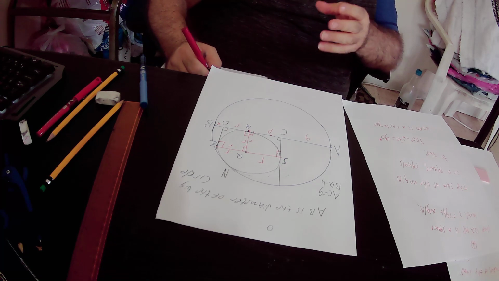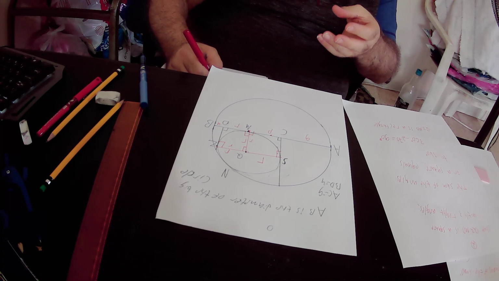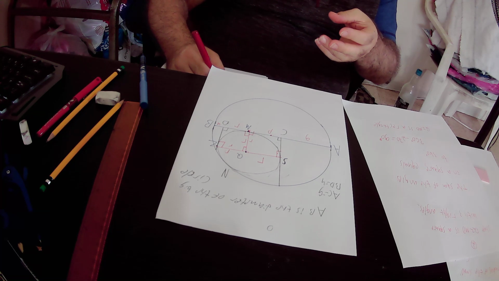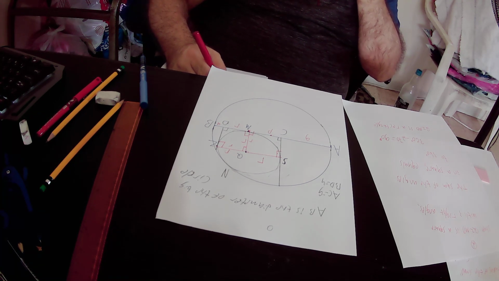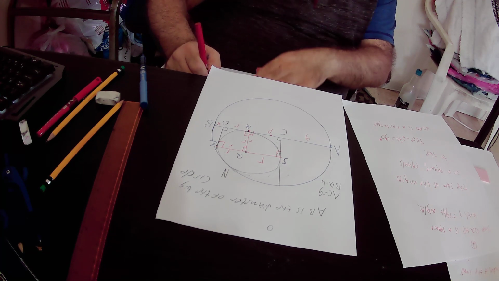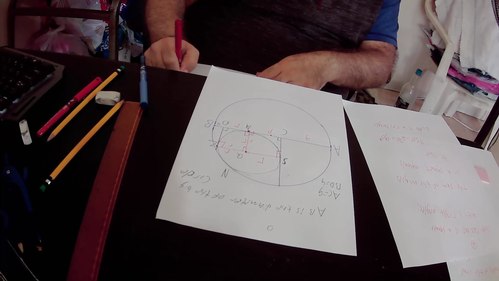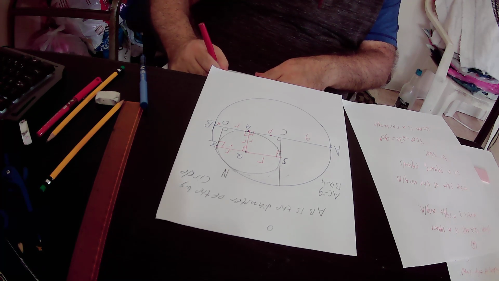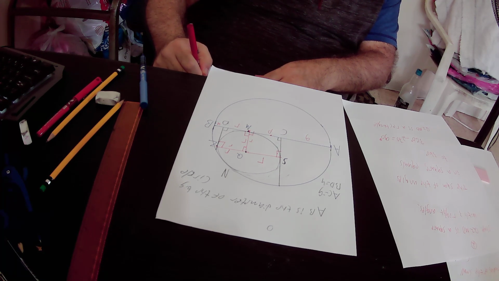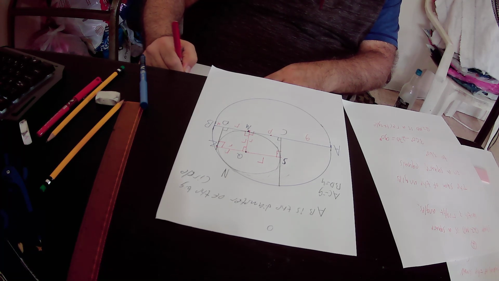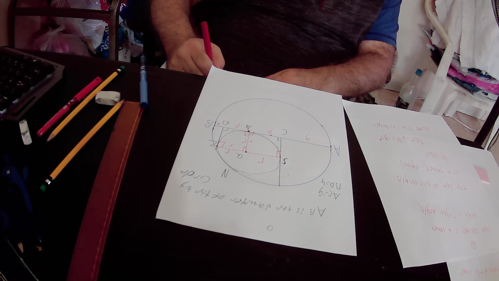And the sum of those three right angles is 90 times 3, which is 270 degrees.